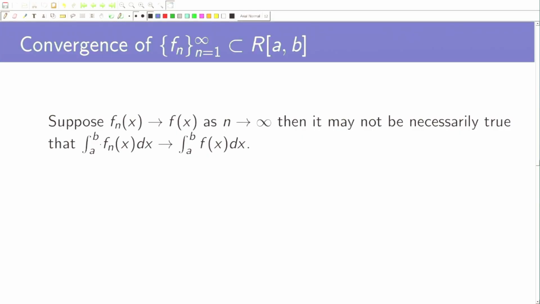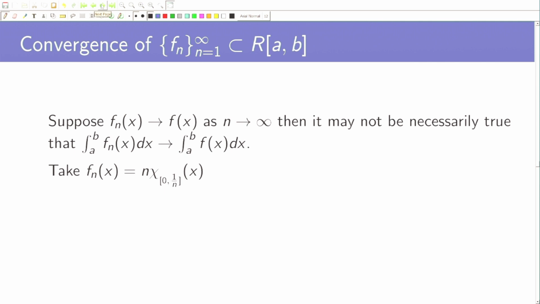Will it be true that the integral from a to b of f_n converges to the integral from a to b of f(x) dx? If f_n converges to f, does it imply that the integral of f_n converges to the integral of f? So, which may not be true.